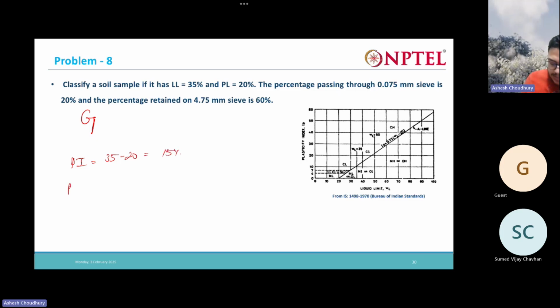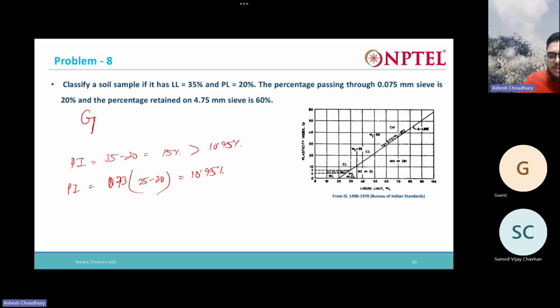Now what is the plasticity index from the A line? 0.73 times (35 minus 20), that is 10.95. That means 15 is greater than 10.95.